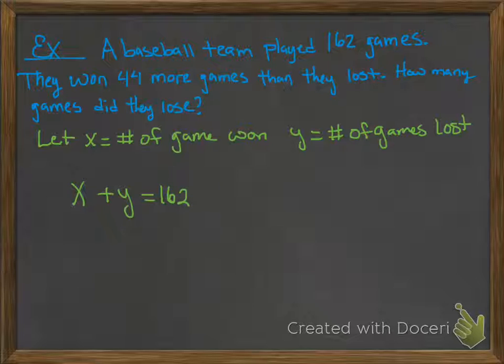And then I also know they won 44 more games than they lost. So x, number of games won, minus number of games lost is equal to 44.